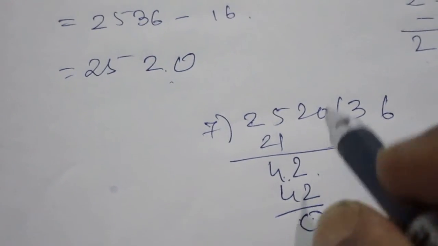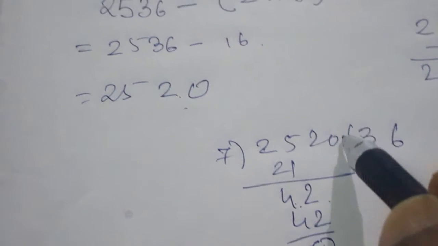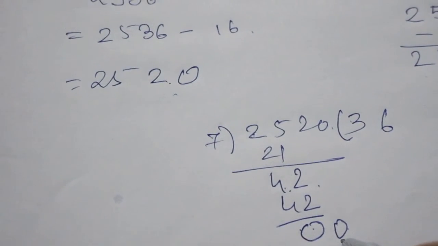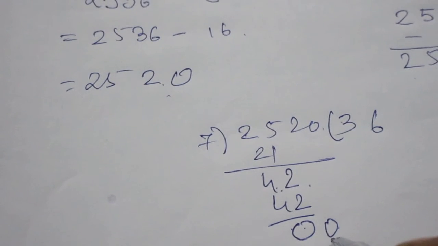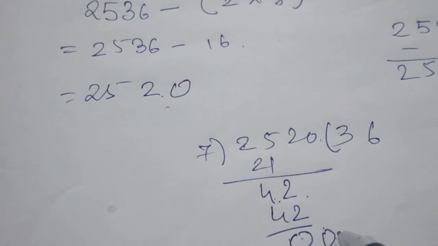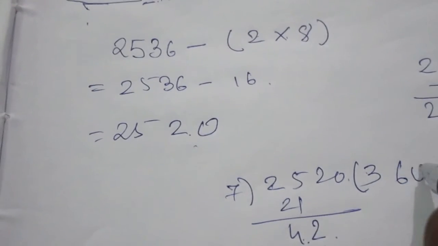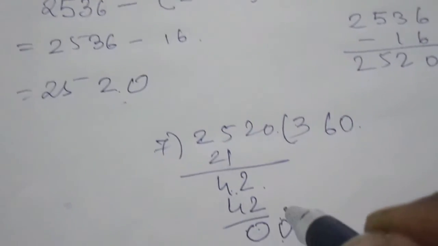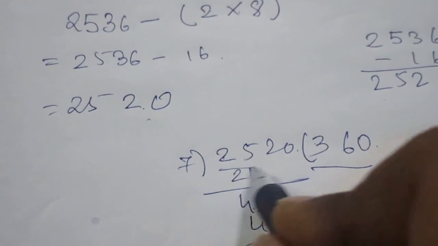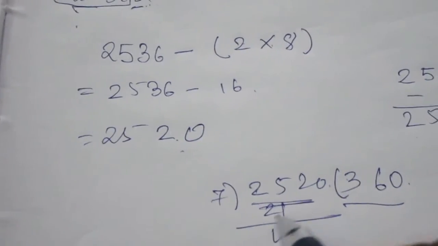Again we bring this 0 down. After bringing this 0, it is still smaller than 7, so the remainder is 0, and we put a 0 here. Okay, so we can say that this number 2520 is divisible by 7.